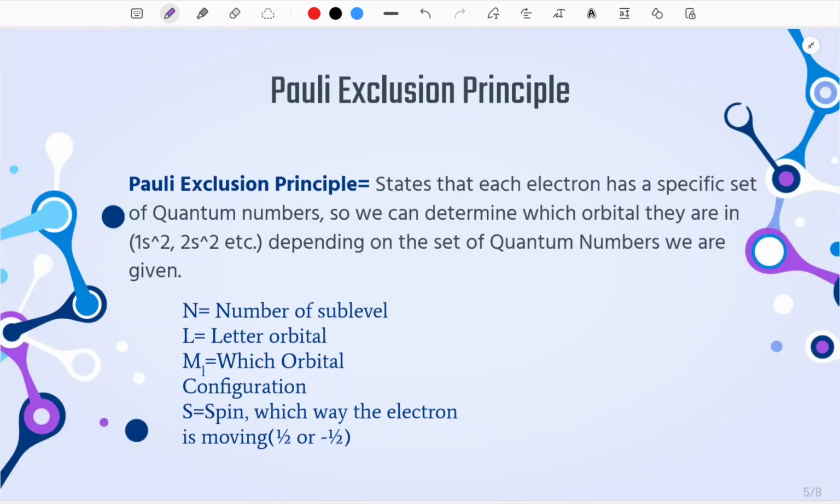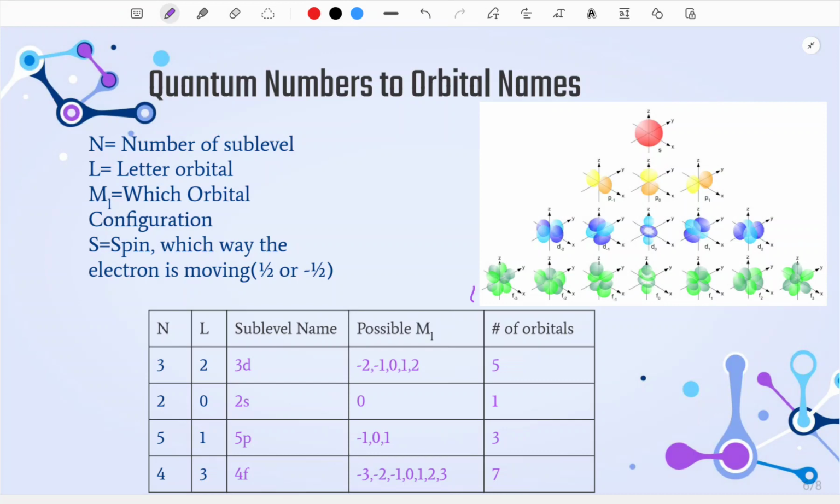And those principles are supported by the Pauli exclusion principle, which states that each electron has a specific set of quantum numbers, and it's going to tell you exactly which electron you're looking at in your electron configuration that you are given. And the main way to go between these, this is an example from class.